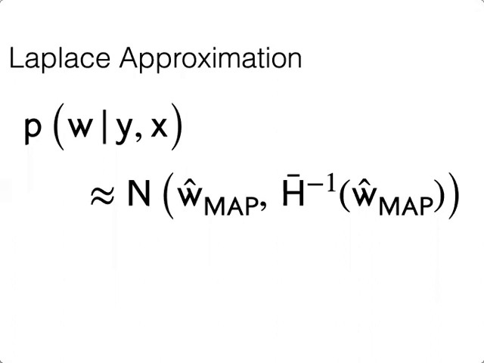Okay, the last approximate inference method I'll talk about is another variational inference technique called the Laplace approximation. And so here we'll try to approximate, again, the posterior, just writing in terms of one weight, as a particular normal distribution, where the mean of the normal is determined by the MAP estimate of the weights, and the covariance matrix is the inverse of the Hessian matrix evaluated at the MAP estimate.